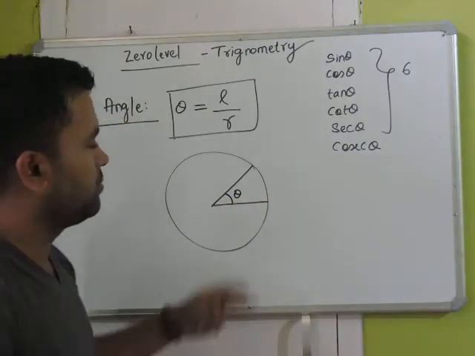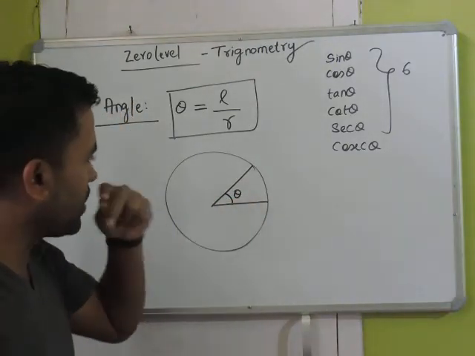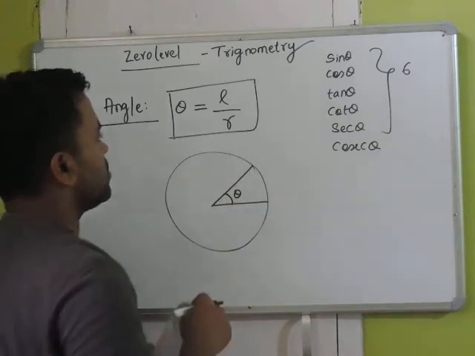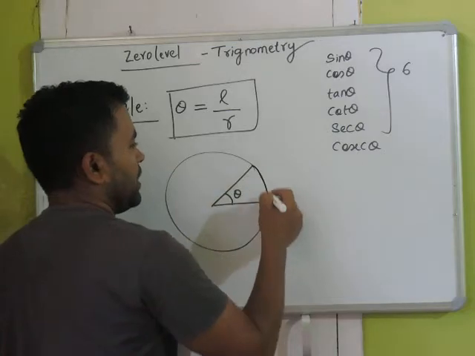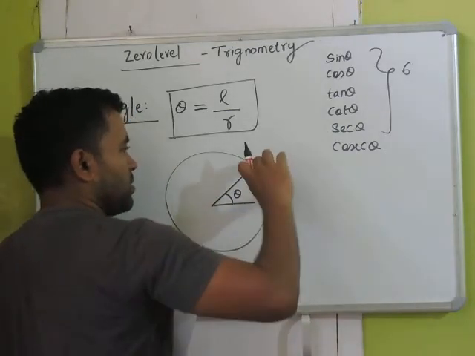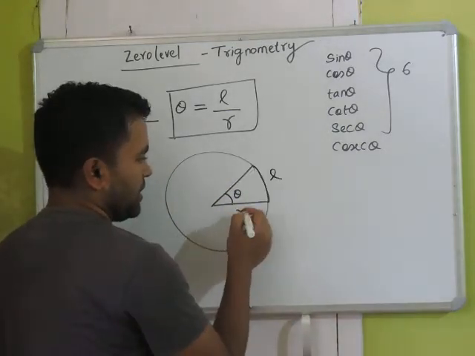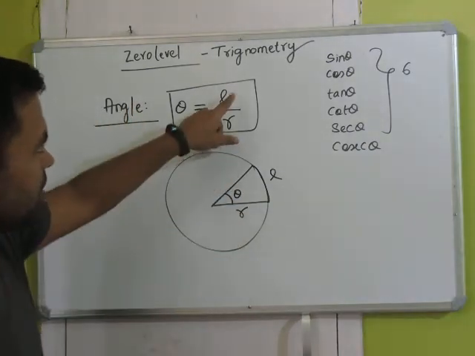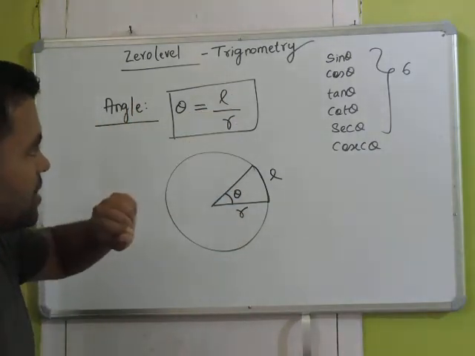It may be 10, 20, 30 degrees, whatever. Then you subtend this length of the arc L. So this is the length of the arc, and this is the radius of the circle.